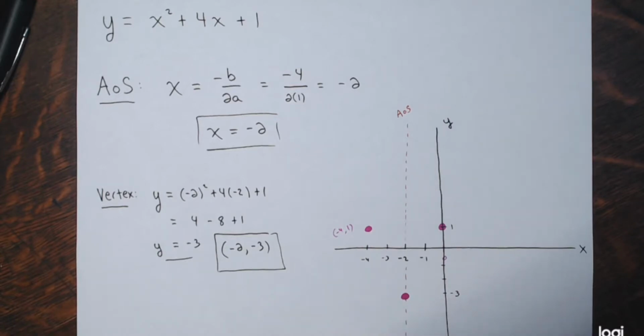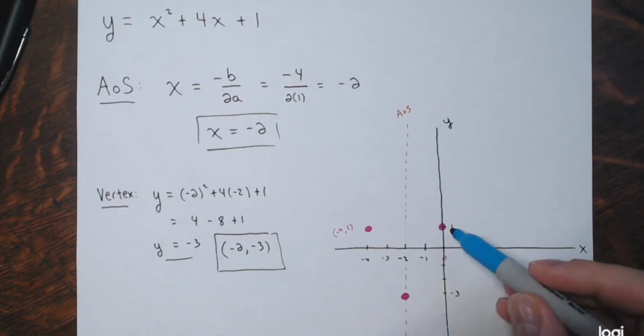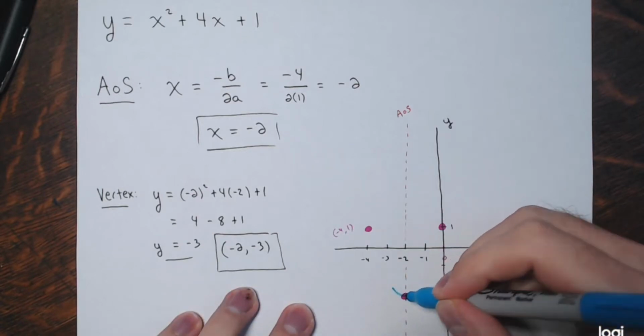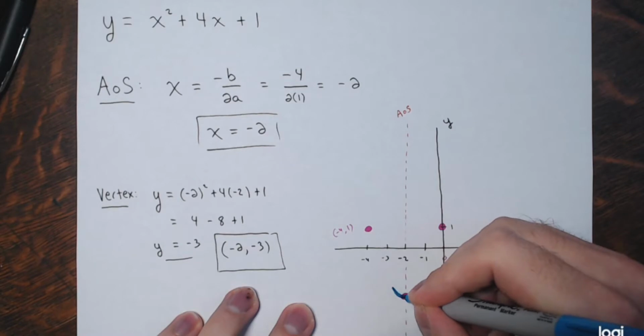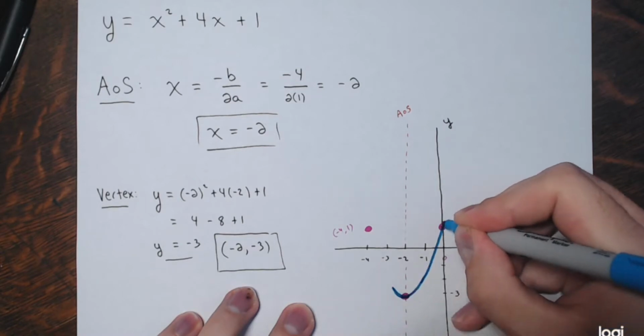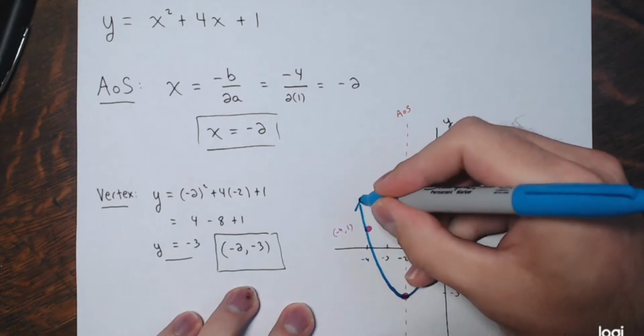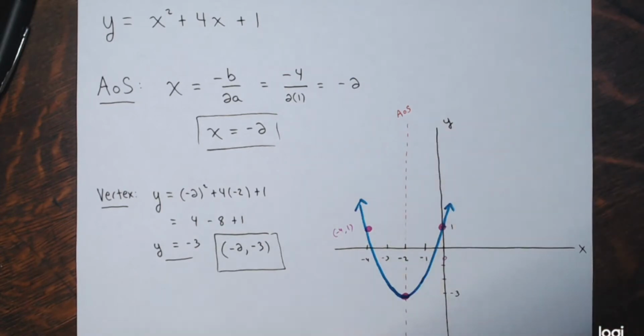And seriously, once you have the vertex and a point on either side, and you know it's a quadratic, you know it's a parabola, you can draw a rough sketch of it. There's going through that y-intercept, and then over here going through the point negative 4, 1. And there's a very, very rough sketch of the parabola represented by y equals x squared plus 4x plus 1.